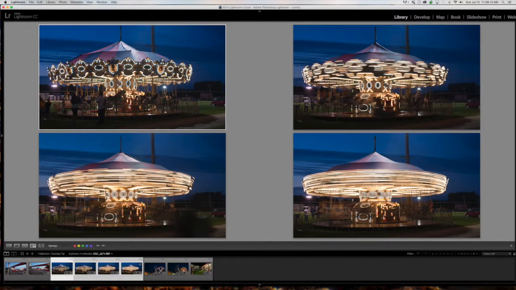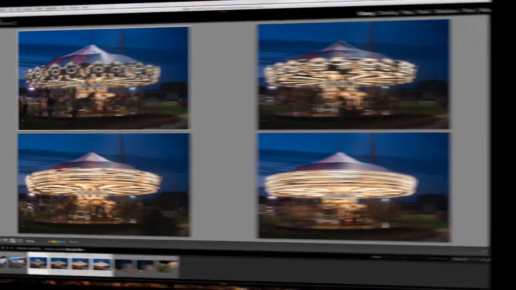The upper left is 1/30th of a second, and the lower right is 6/10ths of a second. That's approximately 20 times the length of exposure. Now that may be too blurry, but I wanted to show a number of different stops along the way so that you can see the impact that the time the shutter is open has on the amount of blur that is created. I think this represents that very well.